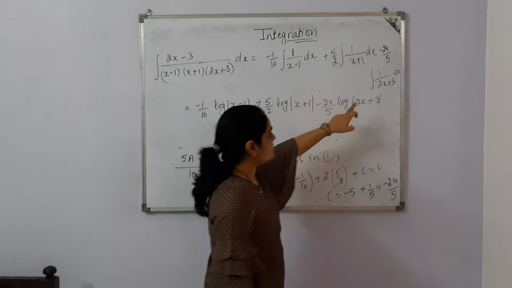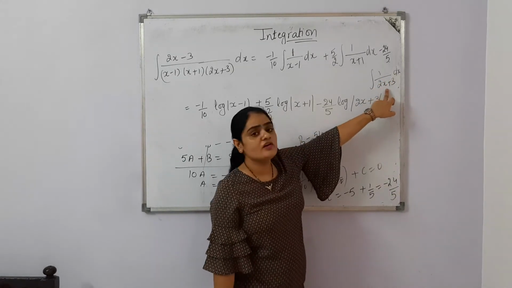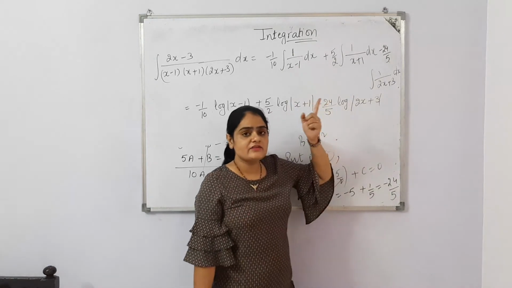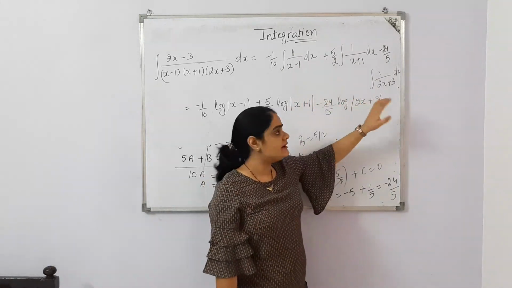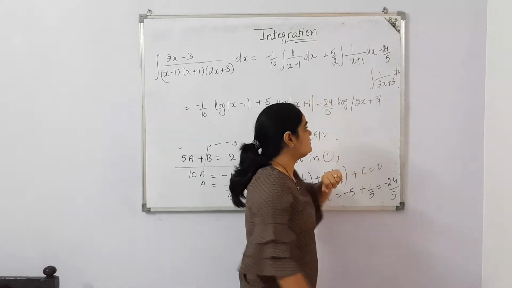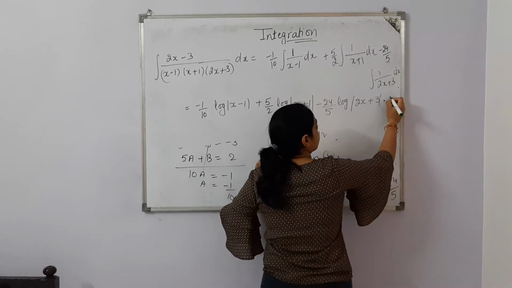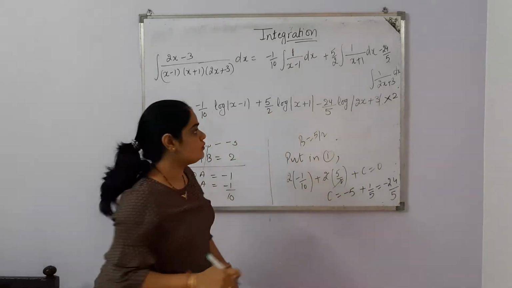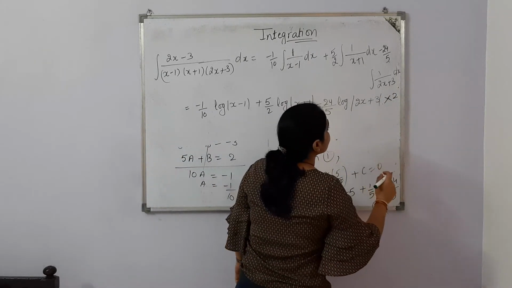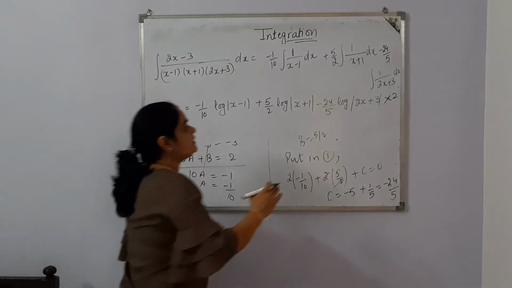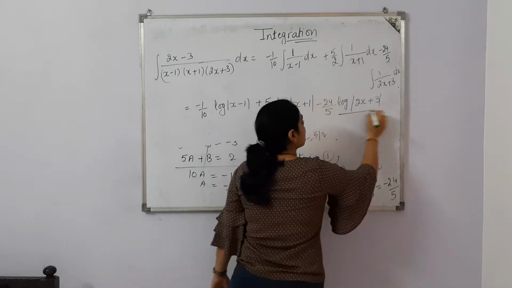First of all, we applied the integral of 1 by x. Now we'll integrate the first function, and from the second function onwards, differentiate in multiplication. So the second function is 2x plus 3 and its differentiation is 2. Sorry, we'll do differentiation in the denominator.